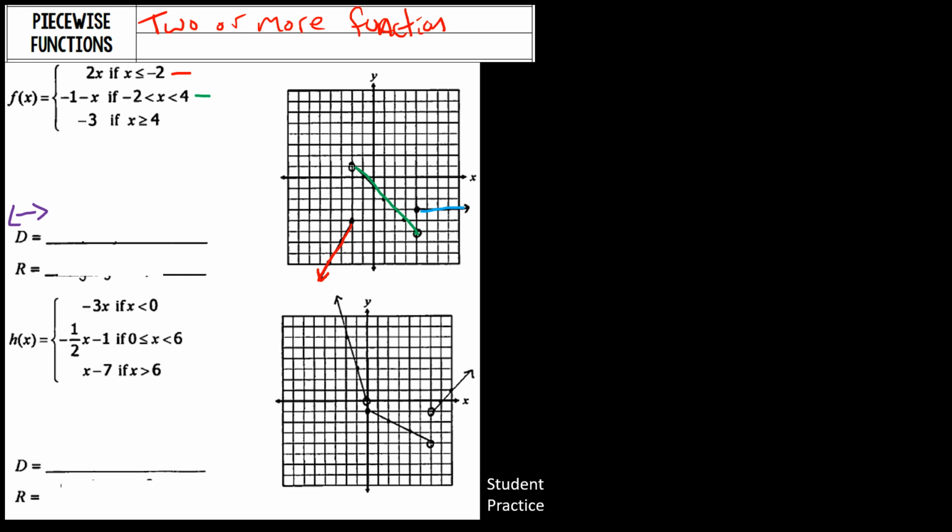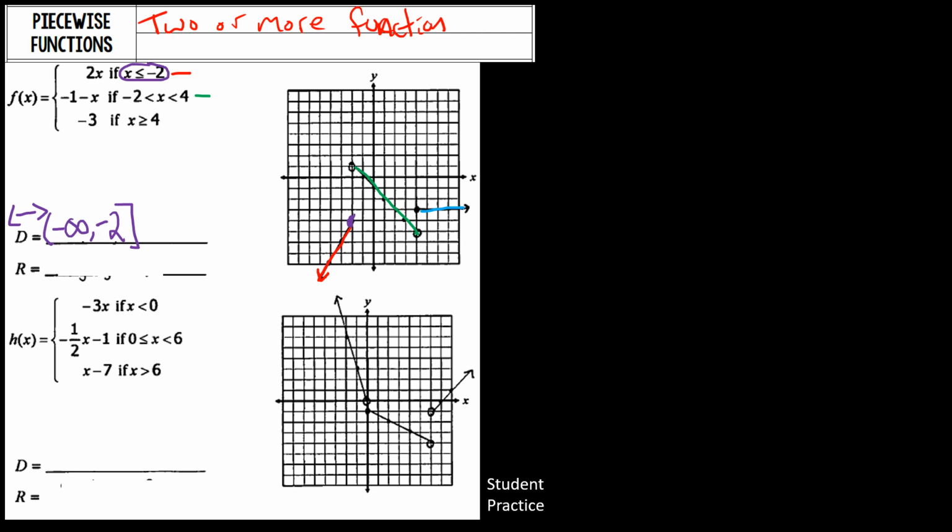So we're actually coming in from negative infinity. And we'll see that it stops here at -2. You'll actually see that in the restrictions here. It stops at -2, and it's a solid point. We know that also because it's less than or equal to -2. That's when we use the brackets, right?